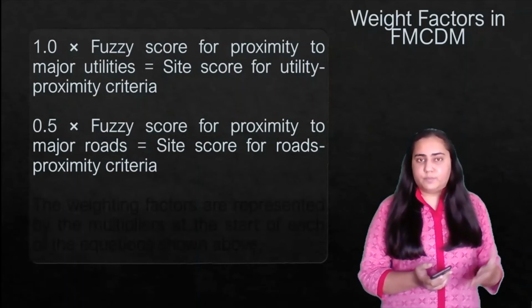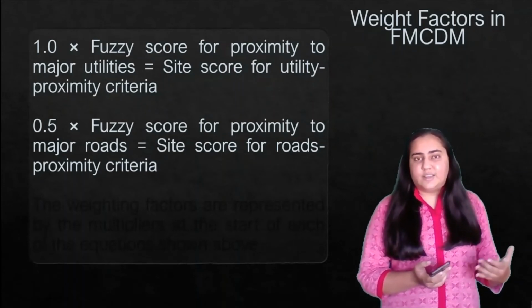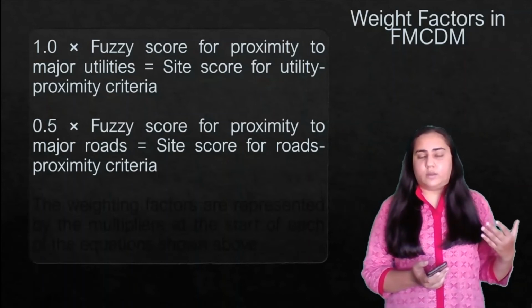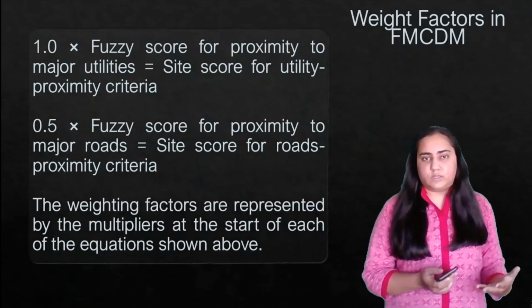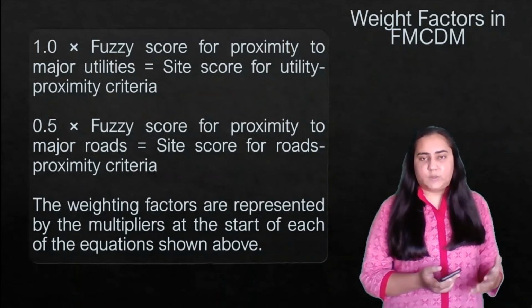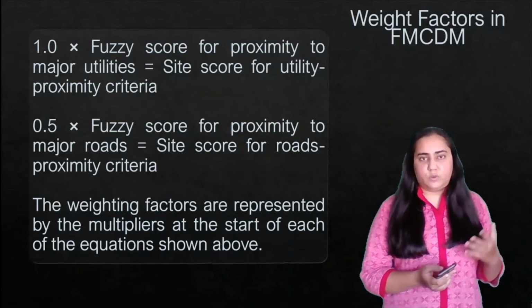When you do that, it has less importance than being close to major utilities. Here the weighting factors are represented by the multipliers you can see at the start of each of these two equations.